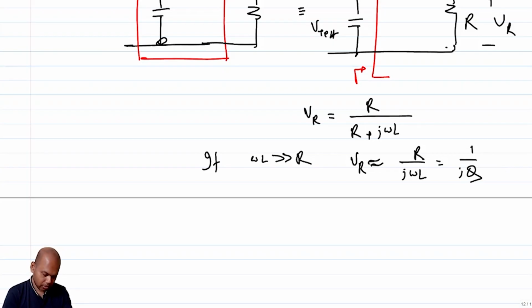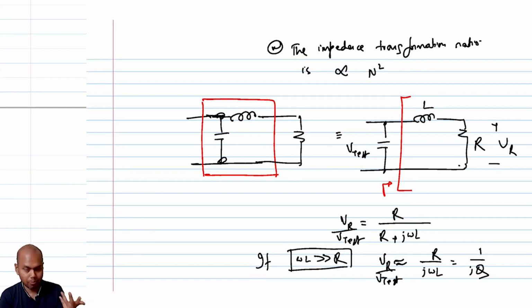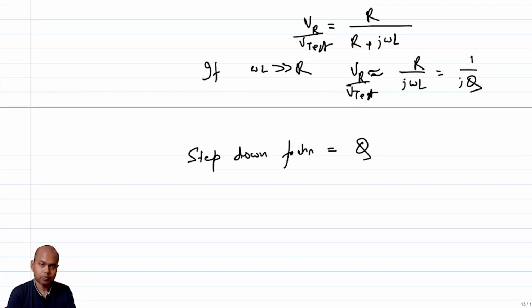This is VR over V test. Forget about the j term, because we are interested in the mod, as I told you about Q factor, since ultimately it's all the power equations that come into the picture. So your voltage step down factor is equal to Q.